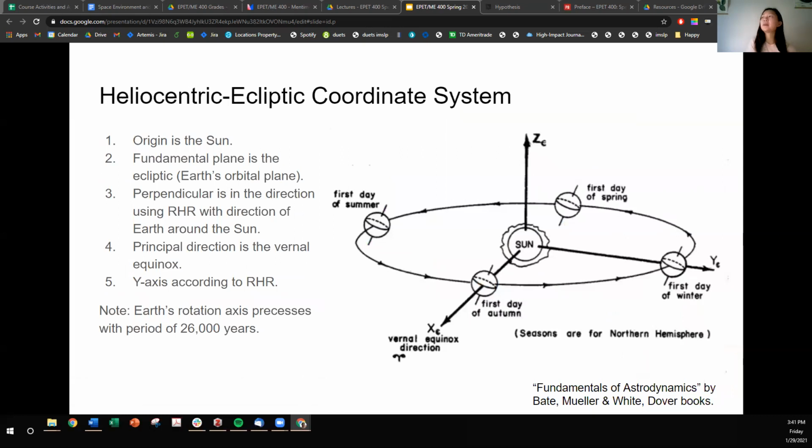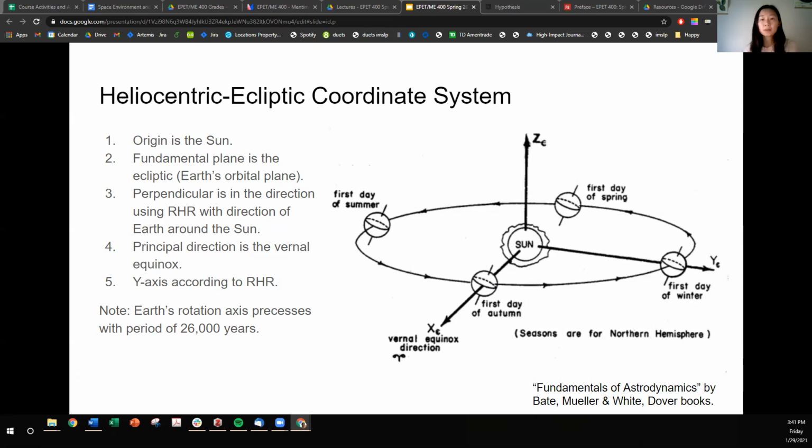Now let's talk about specific coordinate systems that seem to be useful for spacecraft. The heliocentric ecliptic coordinate system is a celestial coordinate system commonly used for representing the apparent positions and orbits of solar system objects. Because most planets, except for Mercury, and many small solar system bodies have orbits with only slight inclinations to the ecliptic, using it as the fundamental plane is convenient.